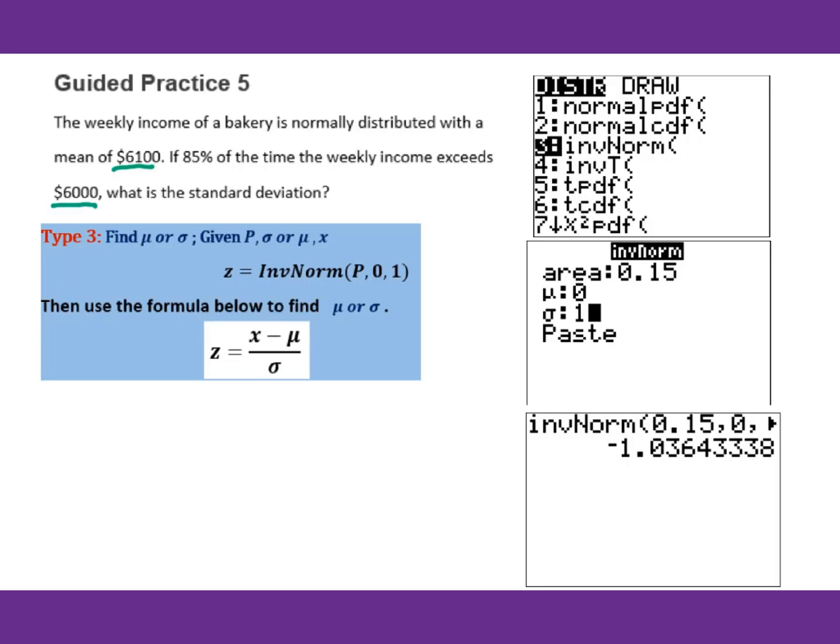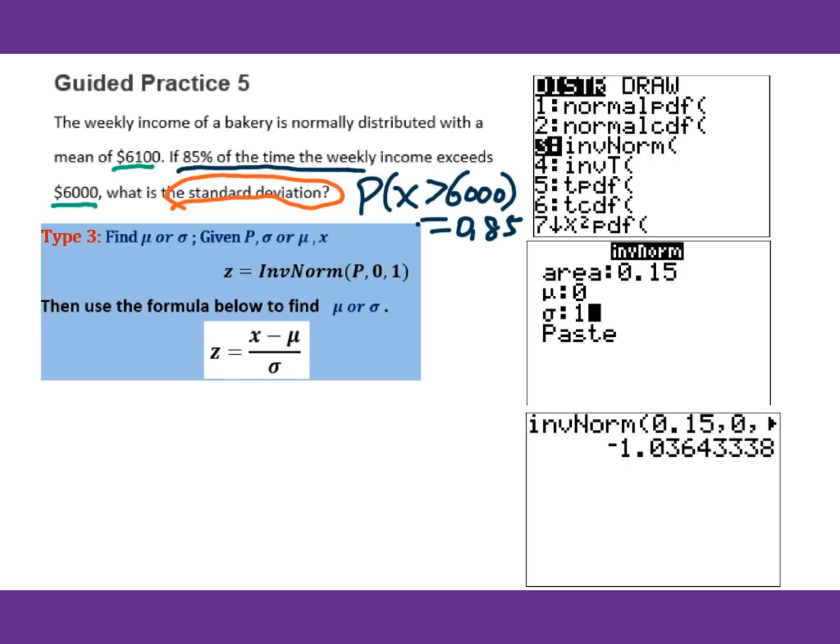Since we are looking for standard deviation, you have to use that z-curve or z-distribution. According to this given information, we know the probability x greater than 6,000 is 0.85. While you put the value into this area, you have to make sure the probability is less than 6,000.